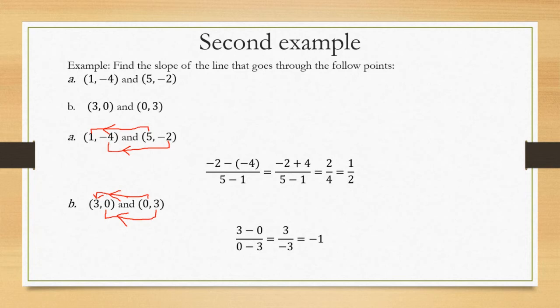Change in y over corresponding change in x. So we have 3 minus 0 over 0 minus 3. And here we get 3 over -3, which of course is -1.